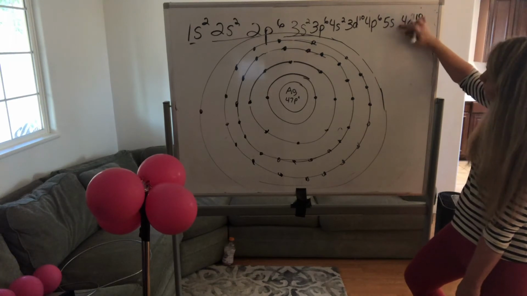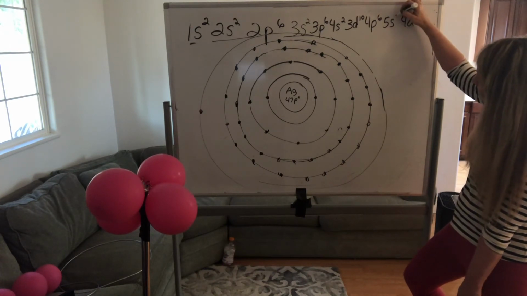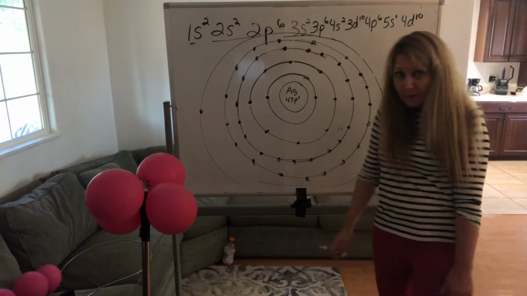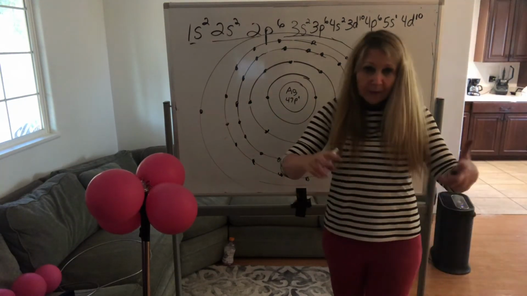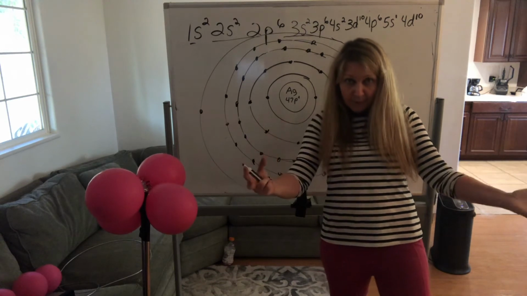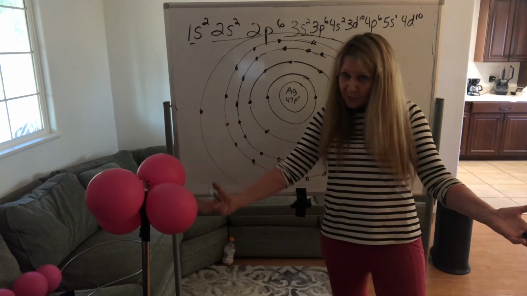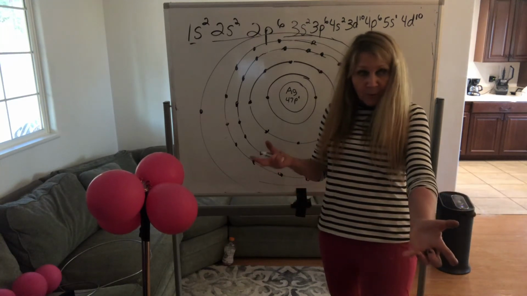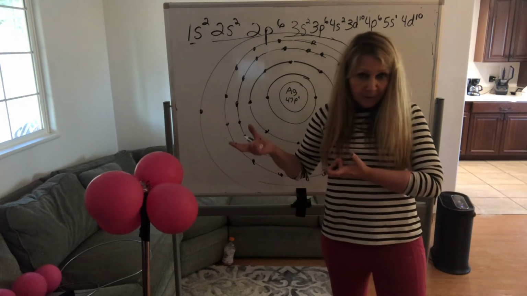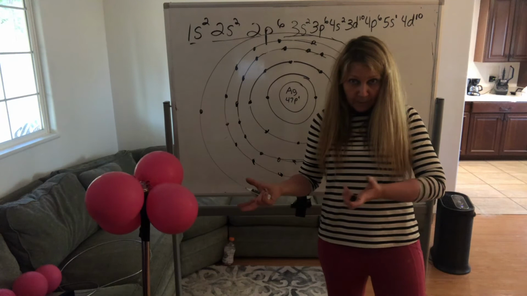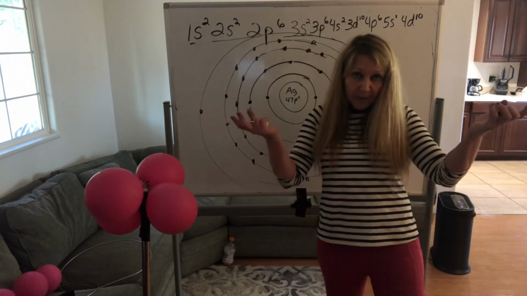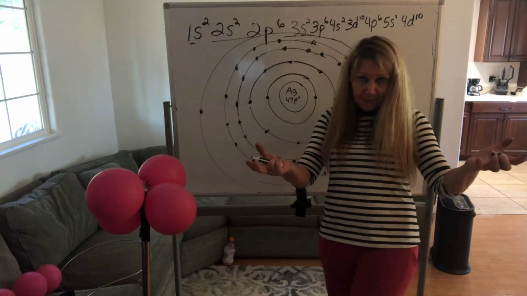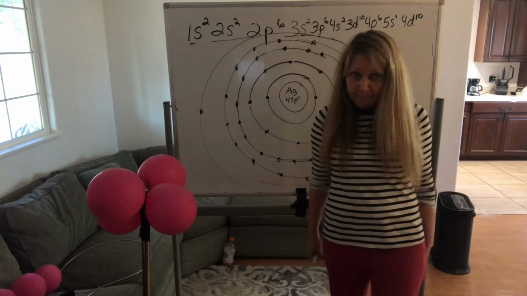And it is not 2 in the 5th energy level of the S sublevel, but it's 1. The electrons want to be stable. They don't want just one empty seat in the entire row, or just one filled seat in the entire row. Looking for balance. Nature is looking for balance. There's balance in nature, symmetry.